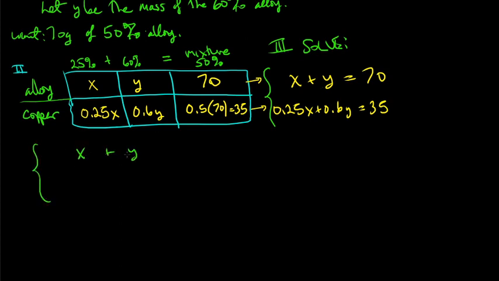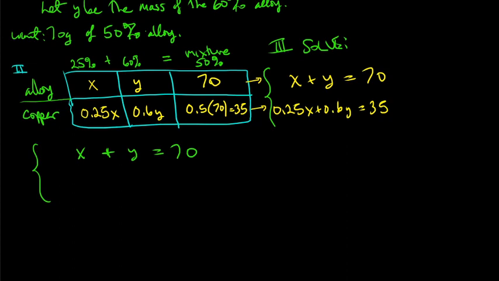Just x plus y equals 70. But the bottom equation, we can multiply by 100.